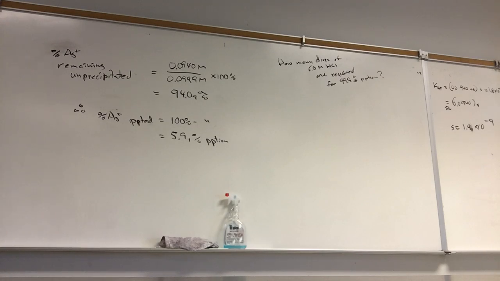And so you started from the beginning and then you worked to the end. The end being the pH, let's say. But you also had calculations where you're given the pH and then you'd have to work backwards to go to the beginning, right? And so this would be an example of a calculation where we're given the end result. We want 99.9% precipitation. We just have to work backwards to figure out what we had at the beginning.